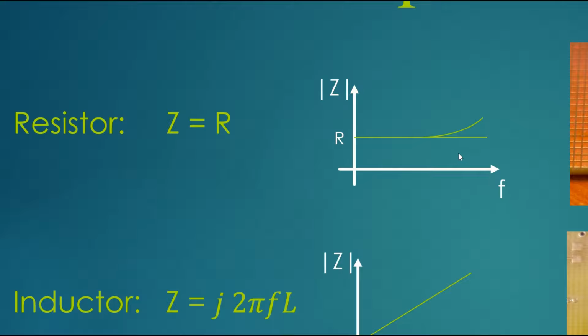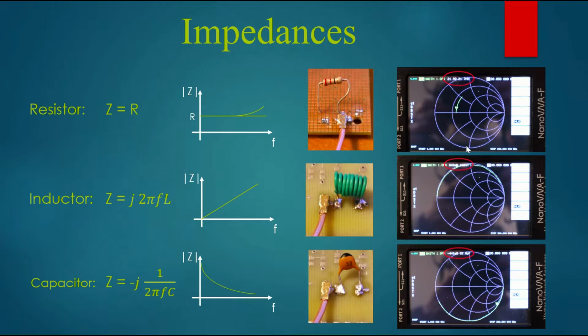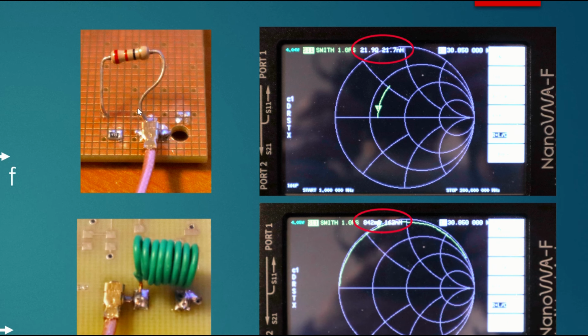At very high frequencies, a real resistor, which you can see here, this was done from a previous video in the Nano VNA series. We measured this resistor's impedance versus frequency. And if you know about Smith charts, or if you watched that video, then maybe you can interpret what this is here. This tells us the impedance. There's a readout.